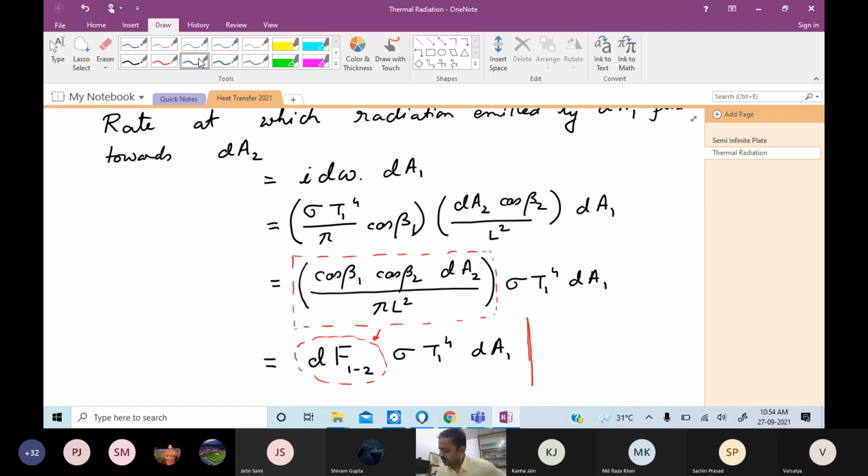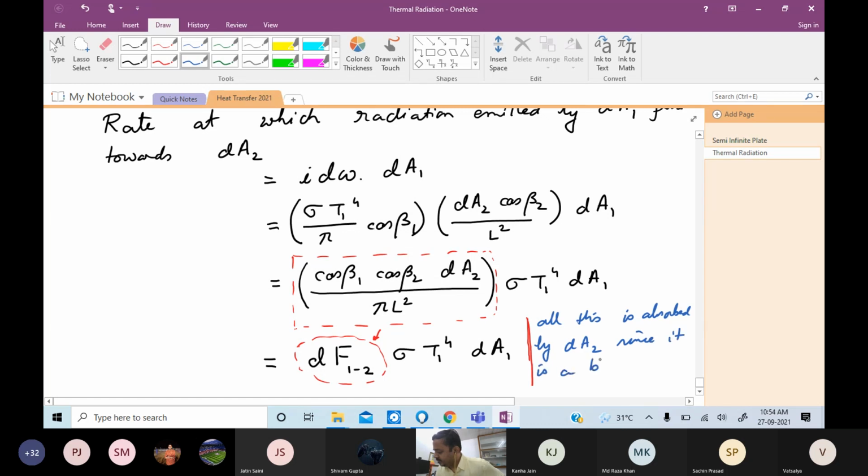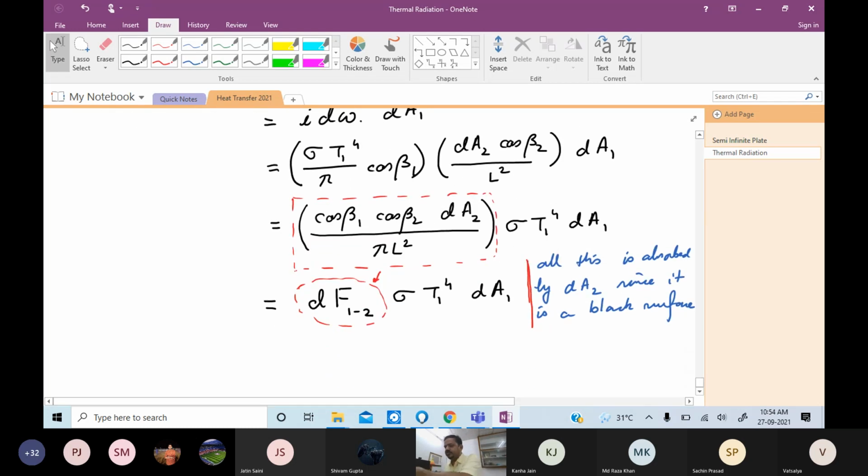And keep in mind that all this is absorbed by dA2 since it is a black surface. So I will just complete this lecture by defining what dF12 is.